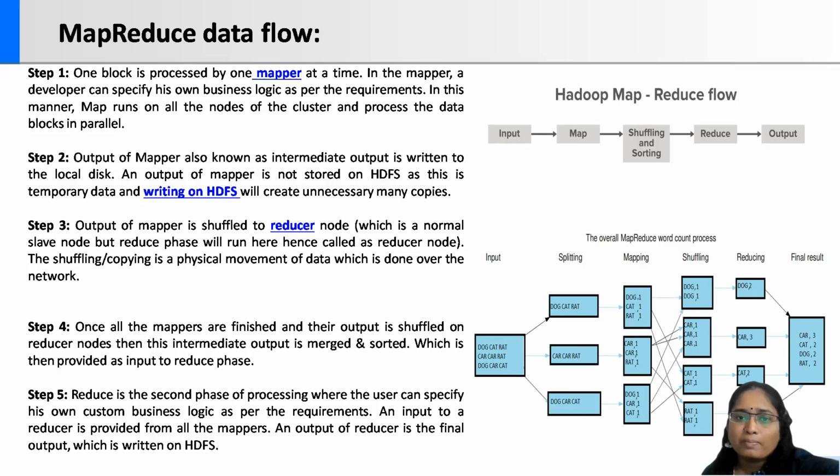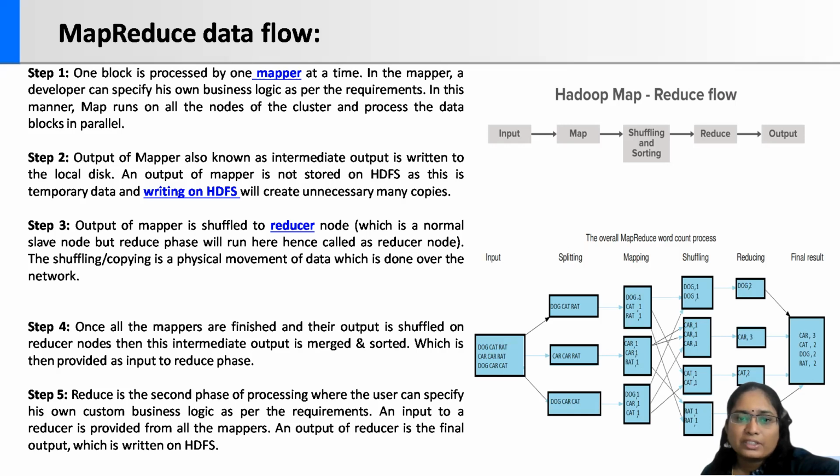The output of the mapper is not stored on HDFS. It is temporary storage, because writing it to HDFS would create unnecessary many copies. Once the output of the mapper is shuffled to the reduce node, you can see the steps of how the reducing works.